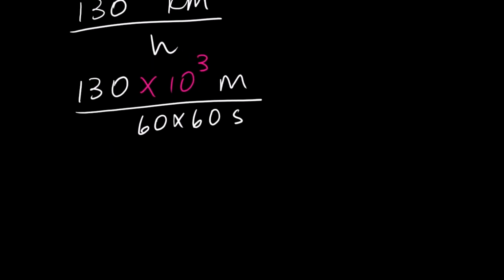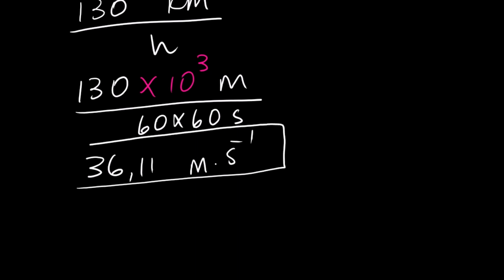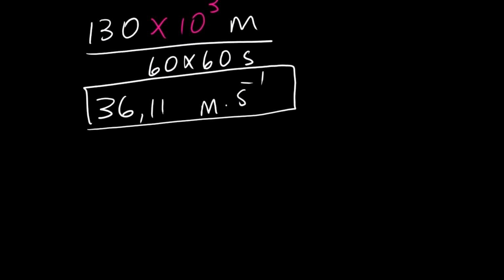Simply punch this on a calculator. So we have 36.11 meters per second. Now let us look at another one.